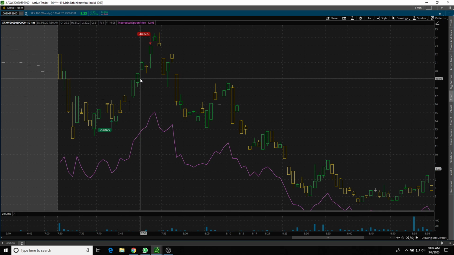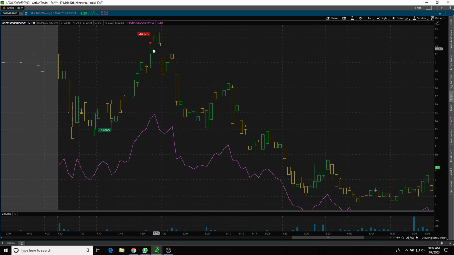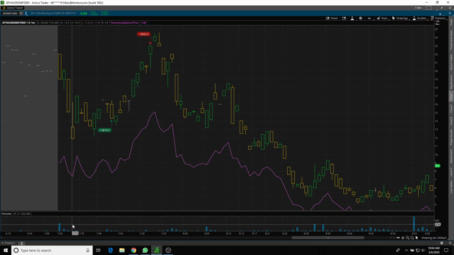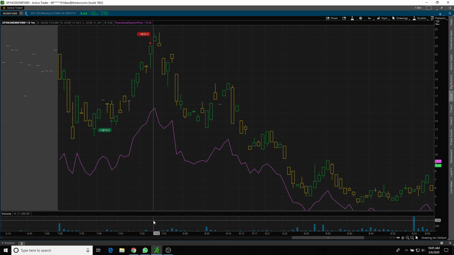The reason for selling was I only had one contract, and I didn't know how much of a reversal we were going to get. In addition, if you're going to trade SPX options, typically one of the things that I've found is you're going to want to look for volume of at least 400 plus to show up, and that will give you much better confidence that you're in a trade that should develop in about the next 30 minutes and then carry forward for a while after that.